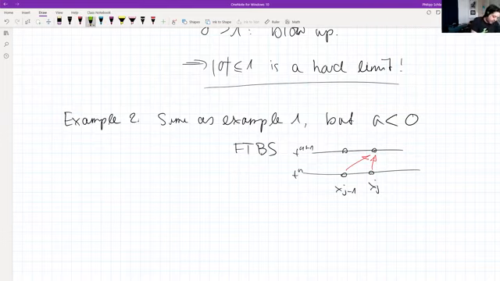But now the difference is that the characteristics are like this. So they're in the other direction than my upwind scheme is pointing at. Now let's see what the von Neumann stability analysis does in this case.